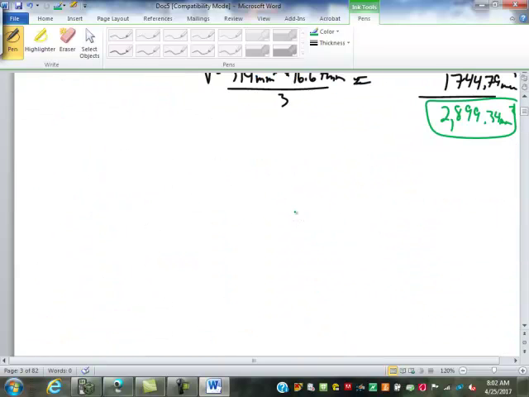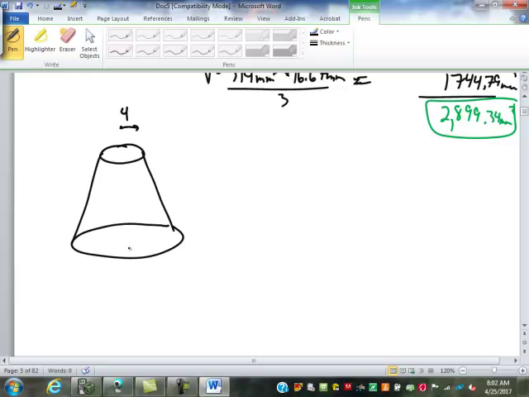So we're going to do the exact same thing with it. So this is a radius of 4, radius of 10, height of 8. Finding that volume I'm going to leave as part of your homework.